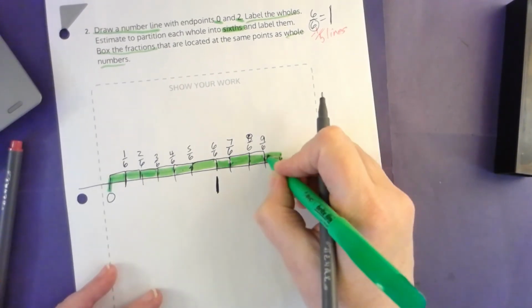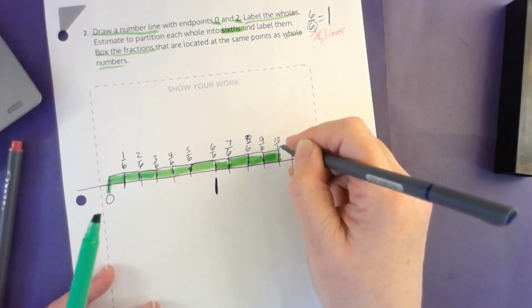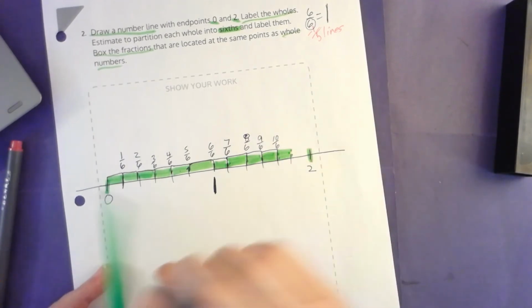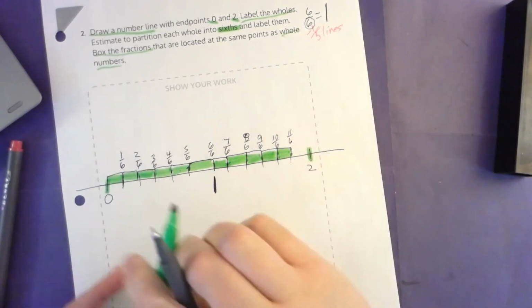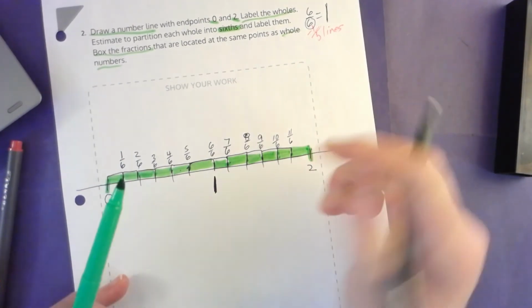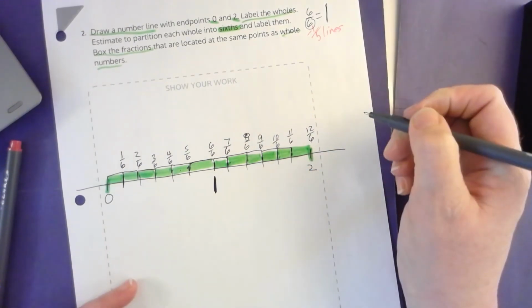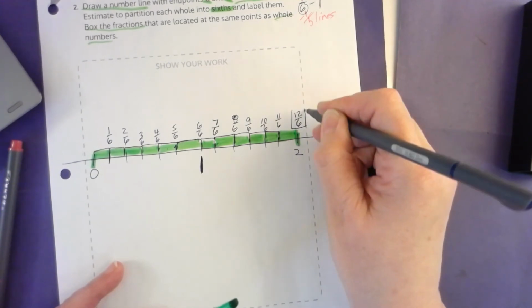Another one, 10/6. Another one is 11/6. And this last one here is 12/6. So another way to say 2 wholes is 12/6.